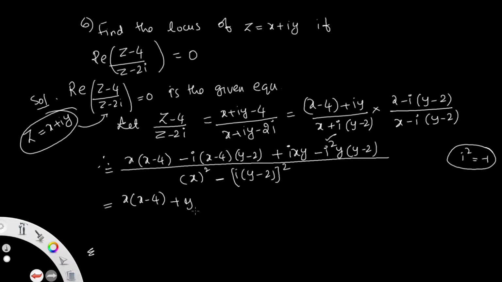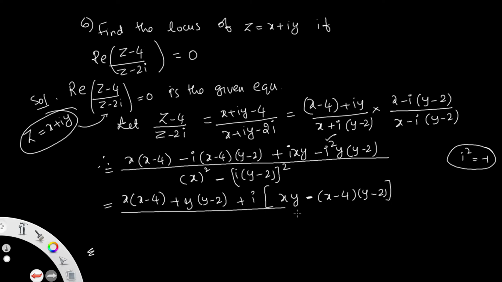In the other two terms i is common, take it as the imaginary part, that is i into (xy minus (x minus 4) into (y minus 2)) divided by x square. Now multiply i into (y minus 2) into i into (y minus 2). I into i means i square, and we already learned that i square equals minus 1. Minus before minus means I need to write plus here, so (y minus 2) whole square.